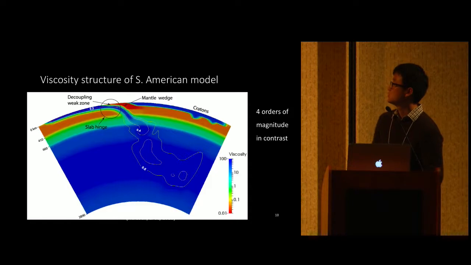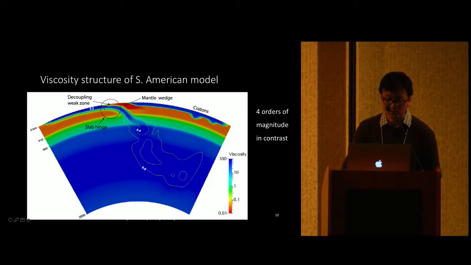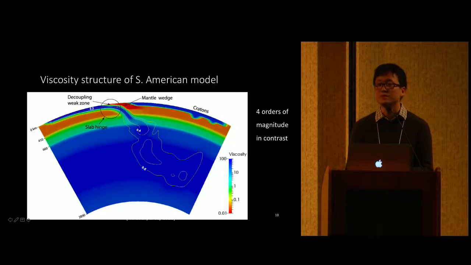So this is the viscosity structure we use. As you can see, we have a very strong subducting plate, which is the oceanic plate, and also a very strong slab, and a very strong continent. We have a weak mantle wedge, where weak means low viscosity because of partial melting.